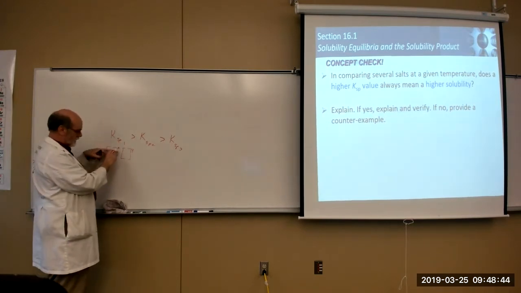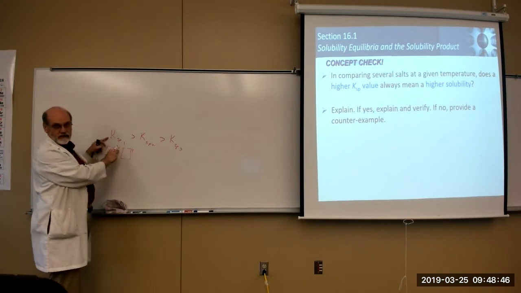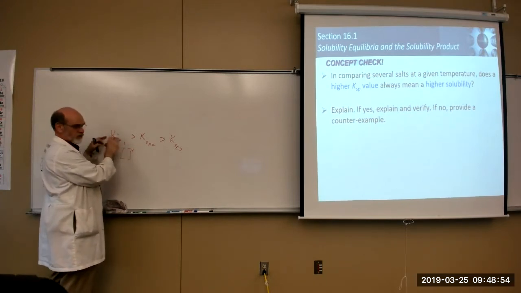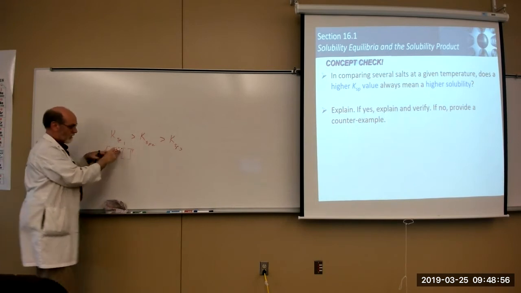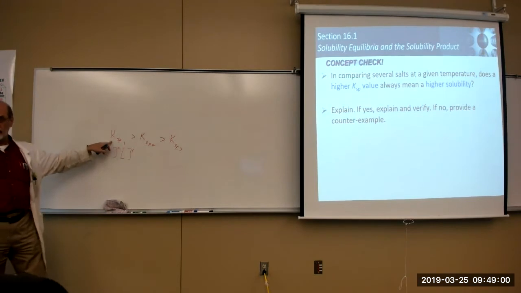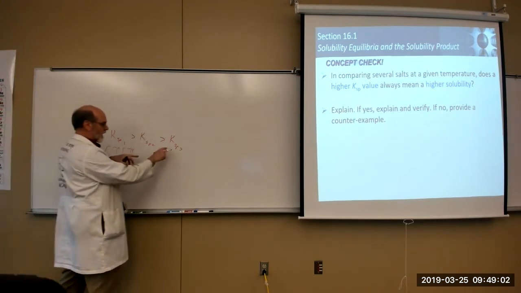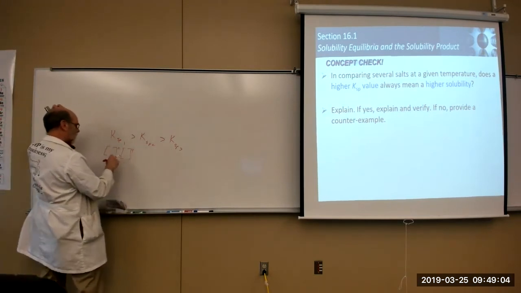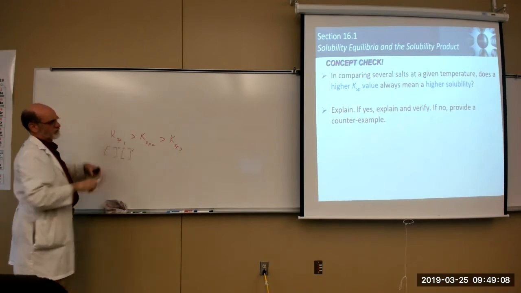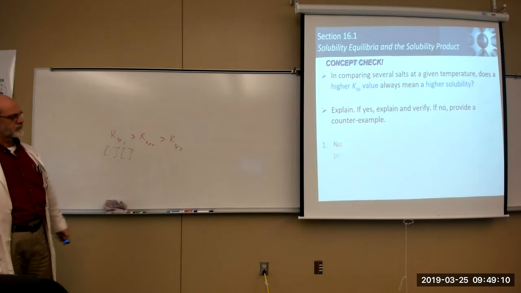So the K is going to be influenced by the stoichiometry. So if you have large coefficient values like 2, 3, 4, 5 here, that's going to throw this K. It's going to make the K huge. But that doesn't mean the solubility is going to be huge. I think we need an example.